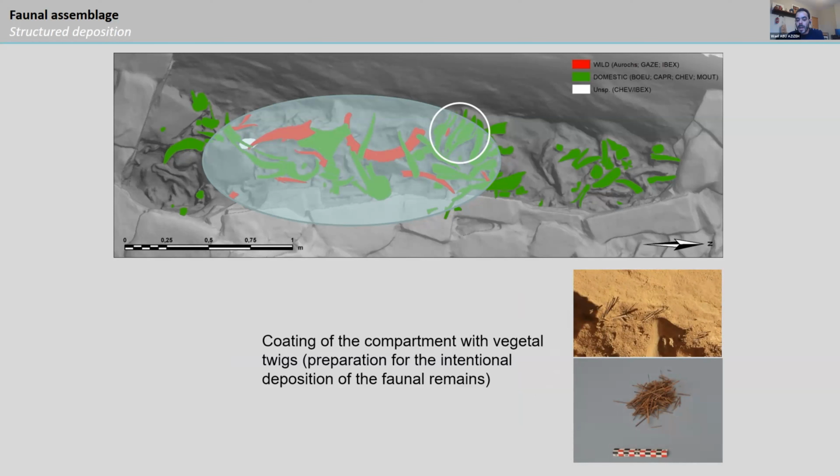This clearly reflects a preparation and special care for the intentional deposition of the faunal remains over a bedding of vegetal material covering the entire compartment, and thus suggesting the use of the totality of its internal space since the very beginning of its use.